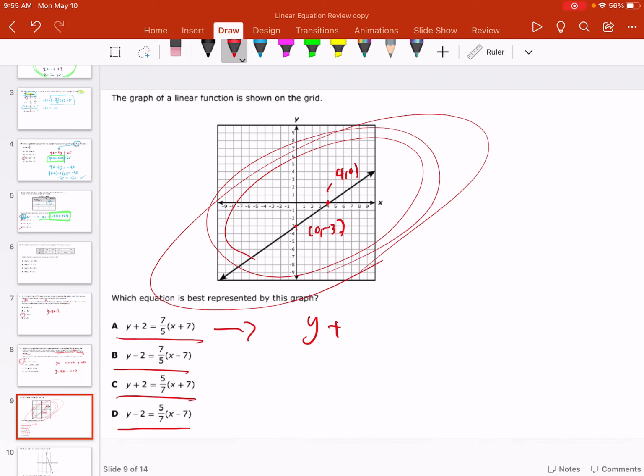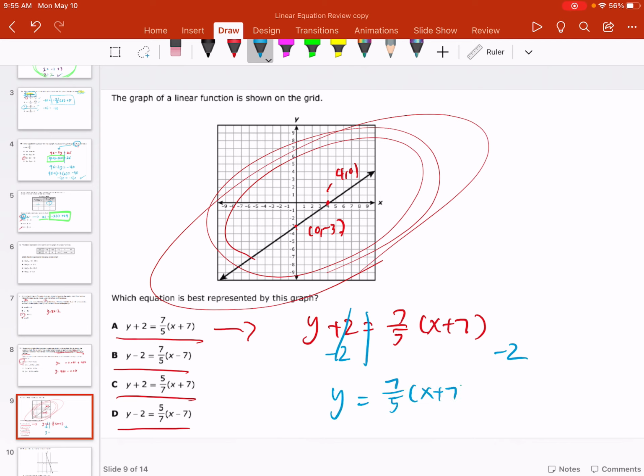y plus 2 equals 7 over 5, x plus 7. The good news is you do not have to solve everything here. You can leave it like that, x plus 7 minus 2. So you can just put this one into the graph.